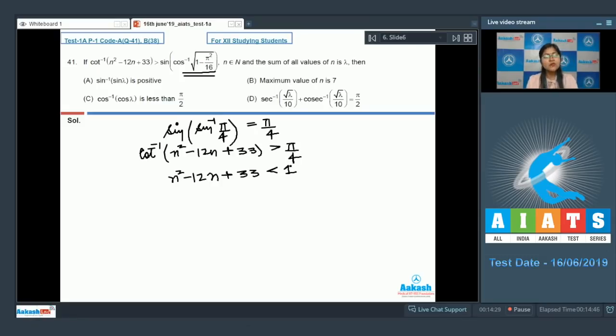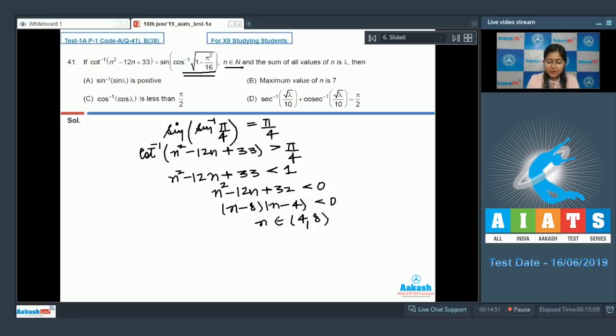The inequality will reverse because cot inverse x is a decreasing function. So we have n square minus 12n plus 32 is less than 0. That is, (n minus 8) into (n minus 4) is less than 0. That is, n will belong from 4 up till 8.